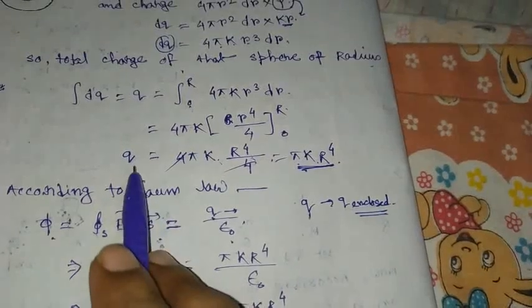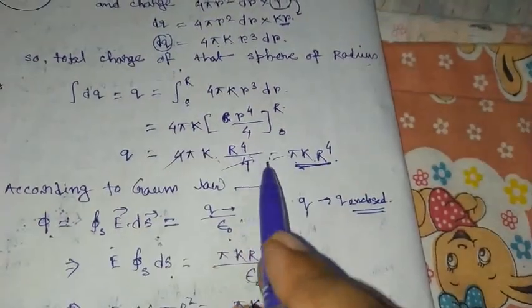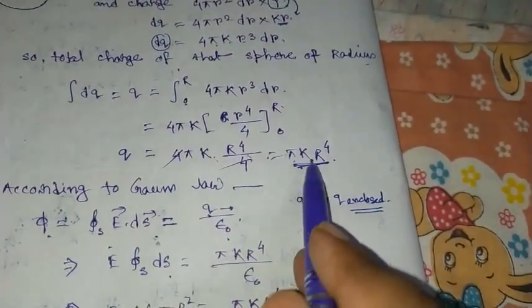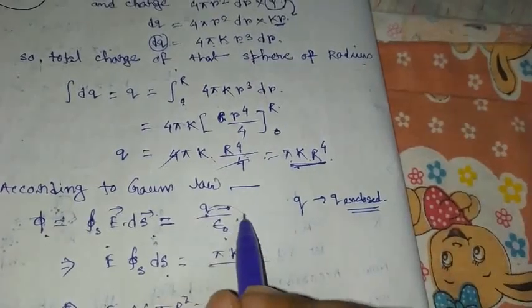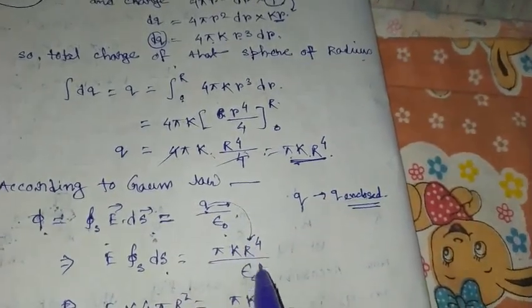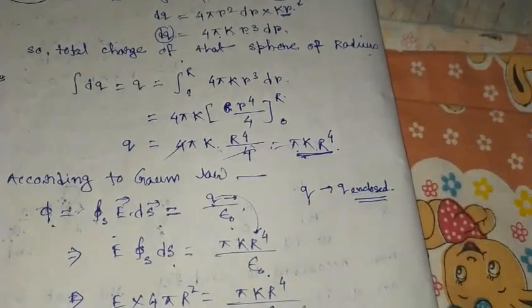We have already found the value of q, pi k R to the power 4, and epsilon naught is there also.